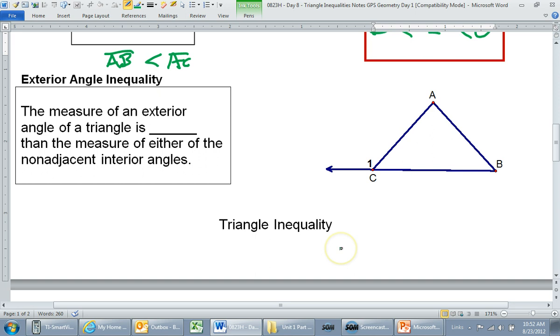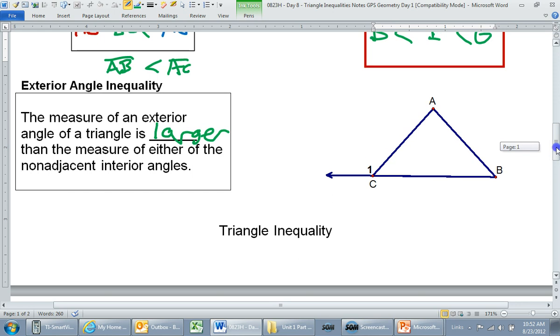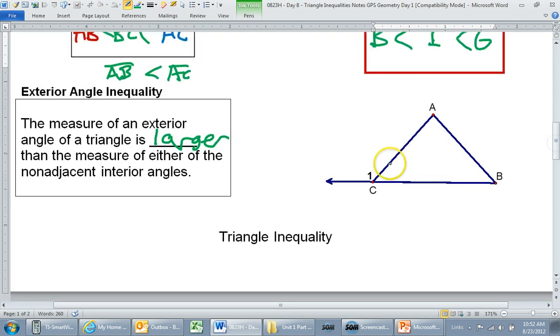Larger. The measure of an exterior angle is larger than the measure of either of the non-adjacent interior angles. Thank you, Jet, for saying larger. We talked about this yesterday.